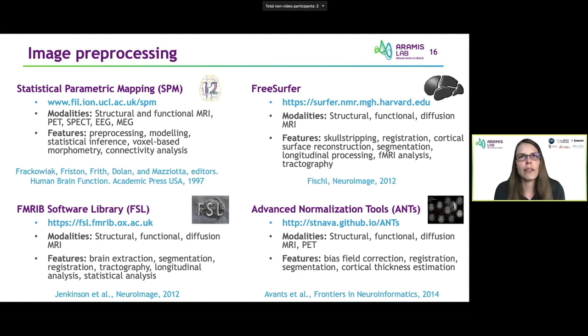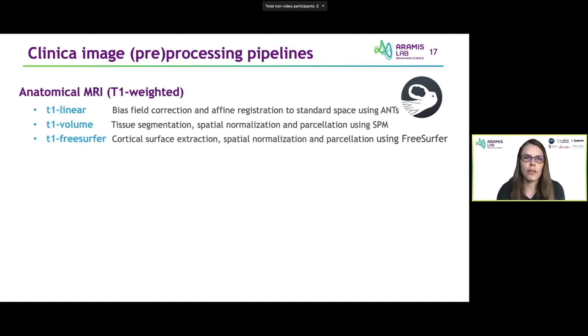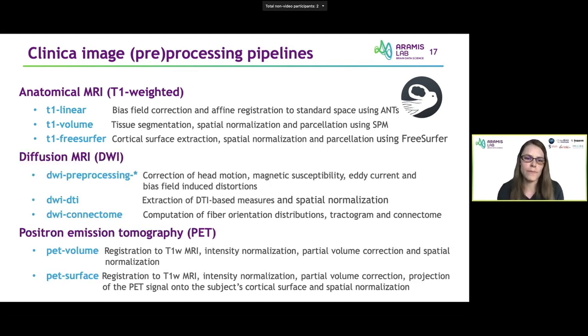These different steps can be performed using different tools developed by the community, such as SPM, FSL, FreeSurfer, or ANTs. But to avoid having to juggle between different tools, several pipelines combining them have been implemented in Clinica. You can thus preprocess anatomical MR images, but also diffusion-weighted and PET images.